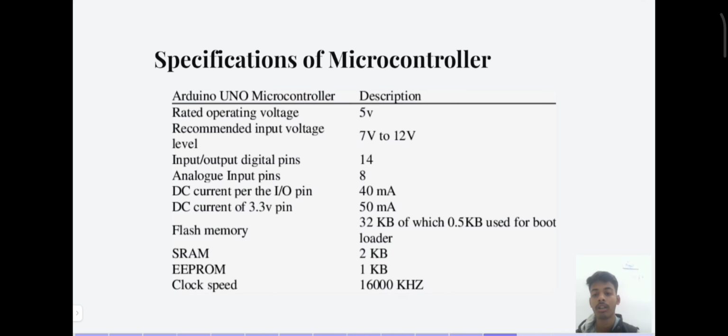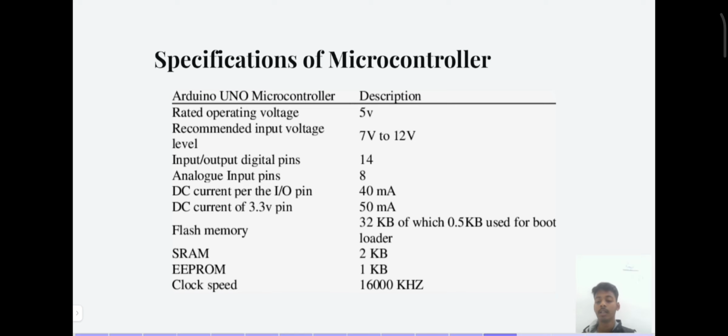Specification of a microcontroller. Let us take a small example of the Arduino UNO microcontroller. Rated operating voltage will be 5 volts. Recommended input voltage level is 7 to 12 volts. Input-output digital pins will be 14. Analog input pins is 8. DC current per input-output pin is 40 mA.